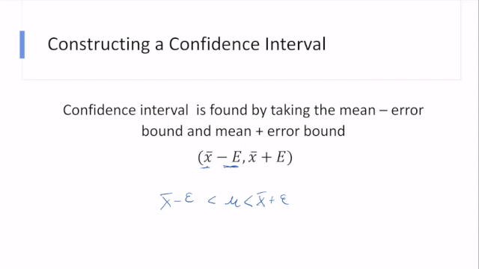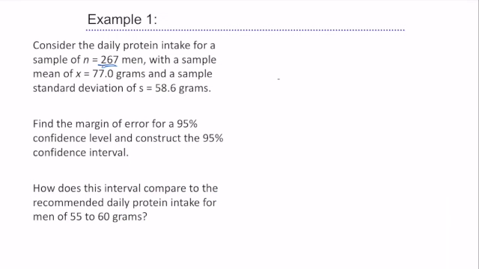So let's consider the daily protein intake for a sample of 267 men with a sample mean of x bar equals 77.0 grams and a sample standard deviation of 58.6 grams. Okay? I'm going to find the margin of error for a 95% confidence level, or interval, and construct the 95% confidence interval.